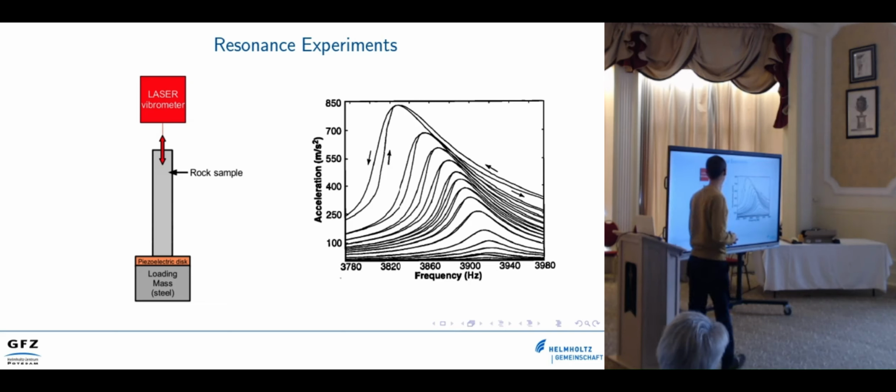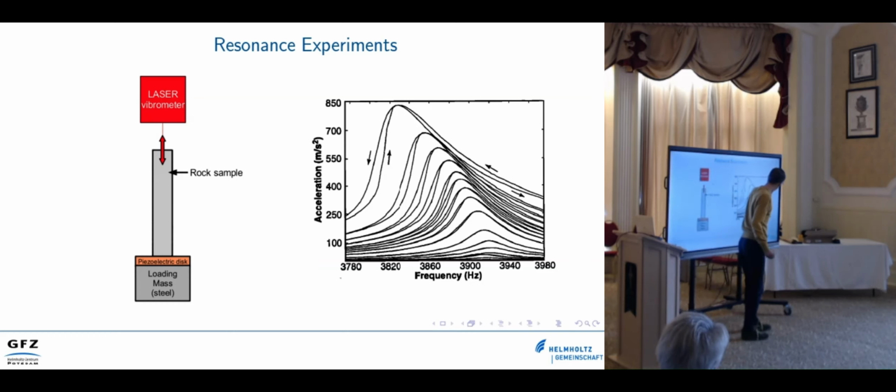Resonance experiments are done on a cylindrical rock sample that is excited close to its resonance frequency, and the resonance frequency is here, and then we sweep back and forth across the resonance frequency, and we measure the amplitude of the deformation, and of course it peaks at the resonance frequency.